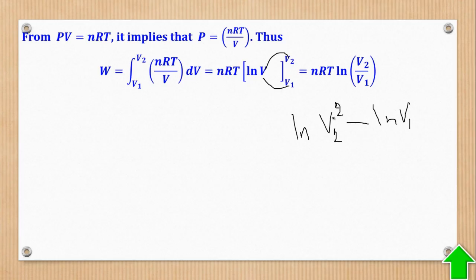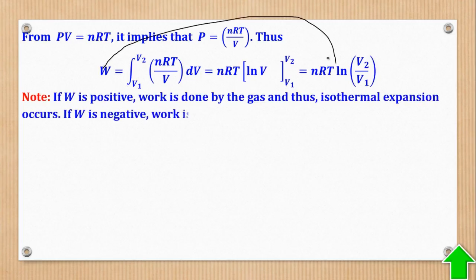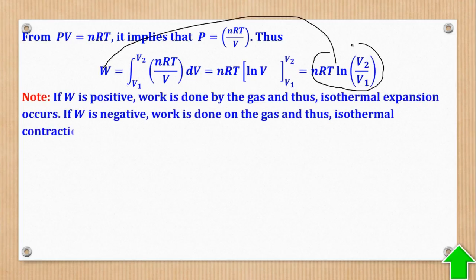But because it is like logarithms, ln V2 minus ln V1 is the same as ln of V2 over V1. So that's where this one is coming from. So that will be the expression for work done by an isothermal process.